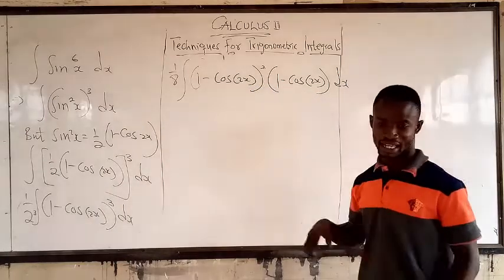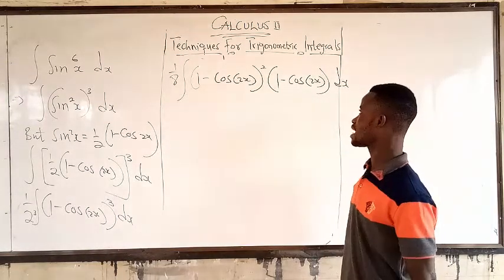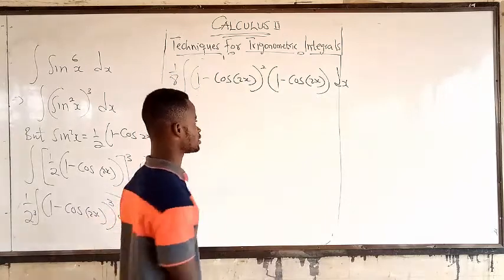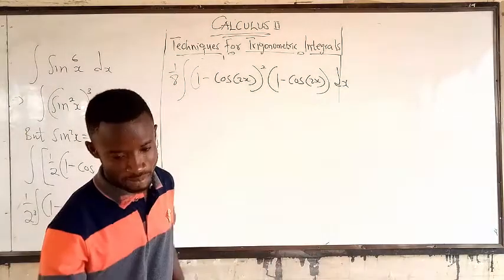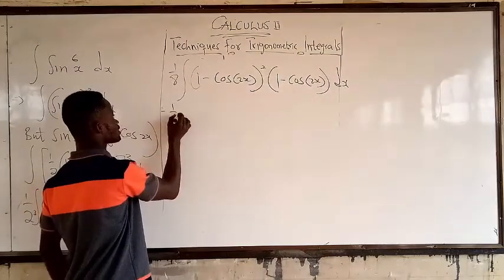So we can get something like this. Alright, then we expand and simplify. When you expand and simplify this, it is just algebra, so you can do it on your own.